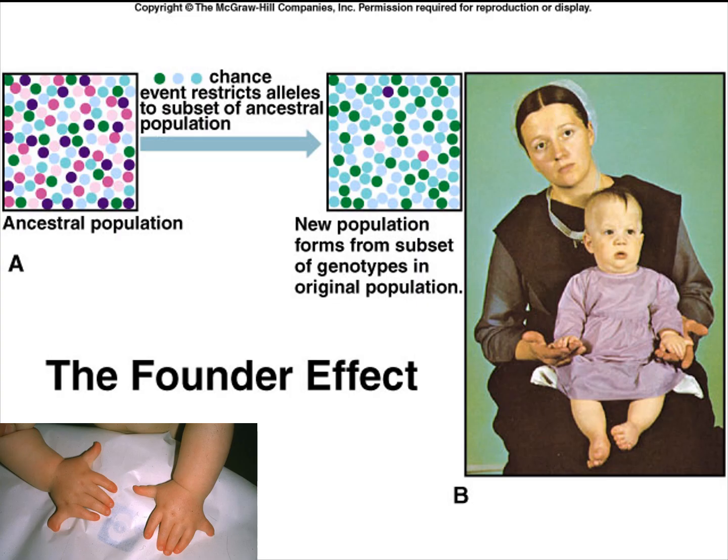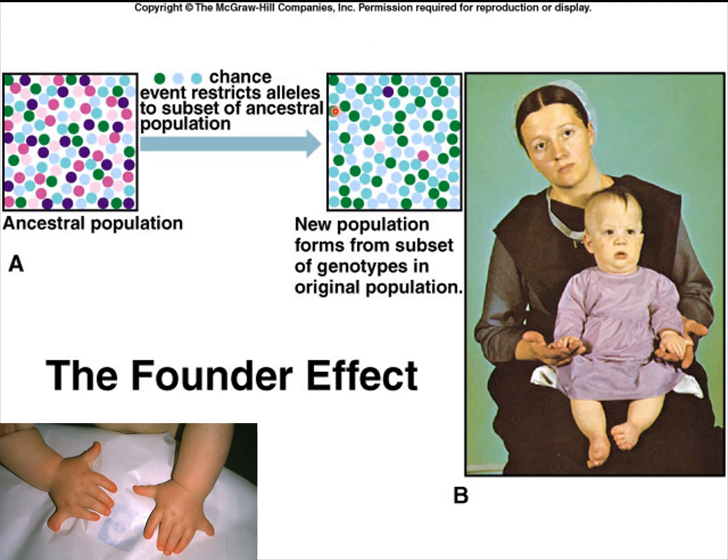So let's just look at the founder effect here in the Amish. Here we've got our larger population. And in the mid-1700s, we had a small group of people from Germany that were Amish that emigrated to the US, and the small number of people obviously did not have all of the alleles of the original population.